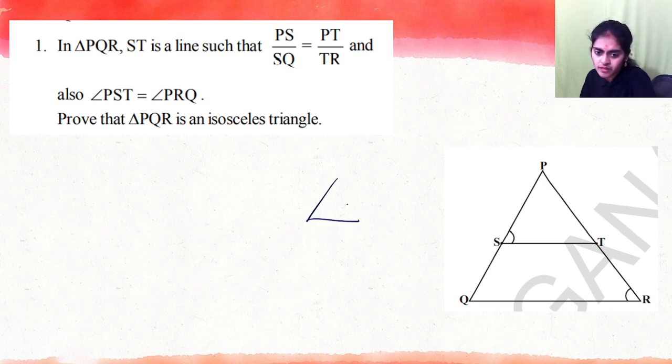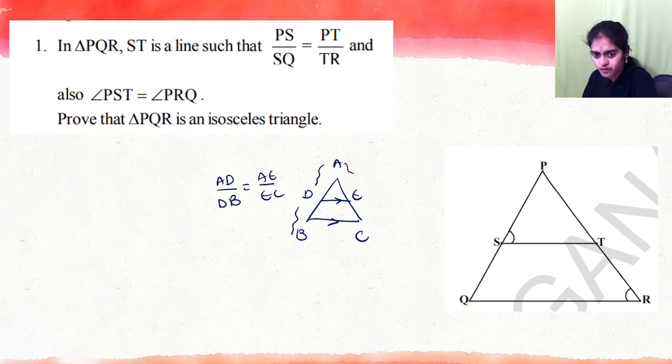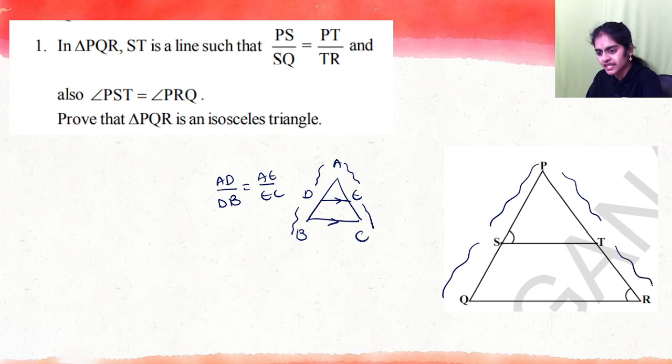We have learnt in BPT that suppose ABC is a triangle, and if this is a line DE parallel to one side of the triangle, we have learnt in the previous class AD by DB is equals to AE by EC. Now here they gave you PS by SQ is equals to PT by TR.